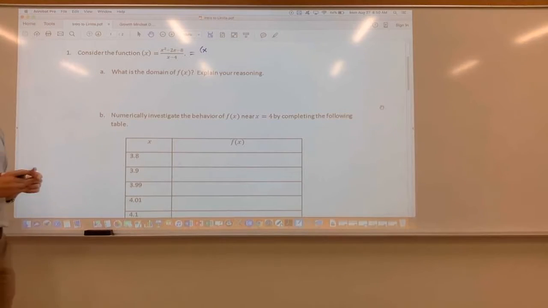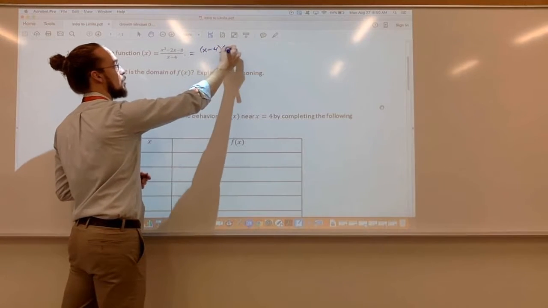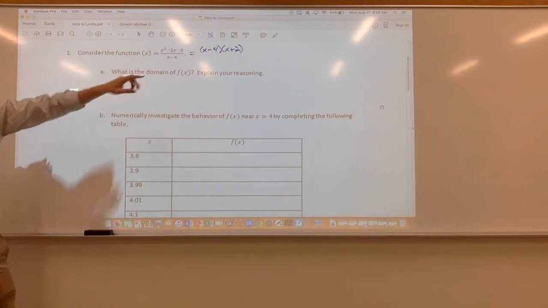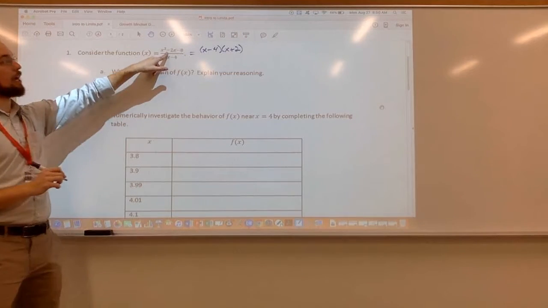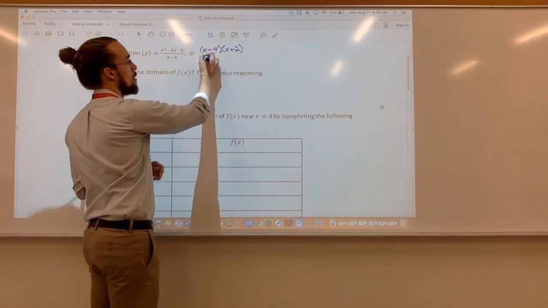It's not going to be plus 4 and minus 4. I think it's going to be x minus 4 and x plus 2. Two numbers that multiply to negative 8 that add to negative 2: negative 4 and positive 2.